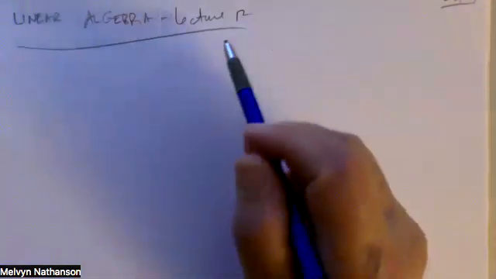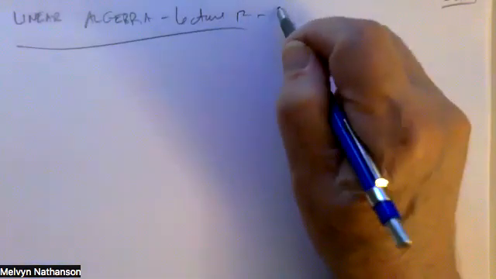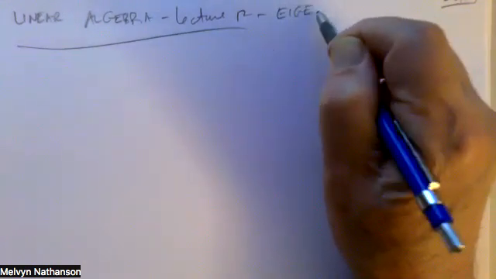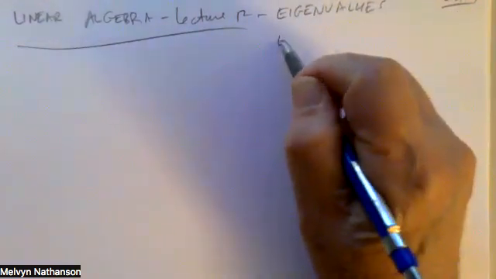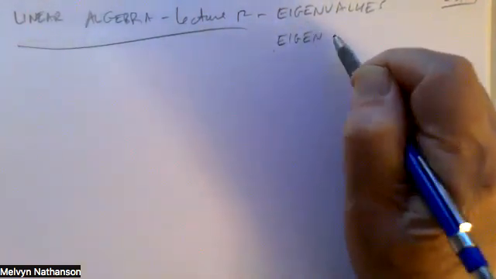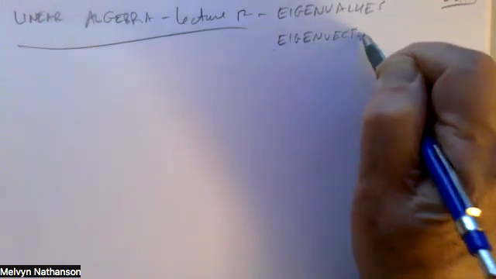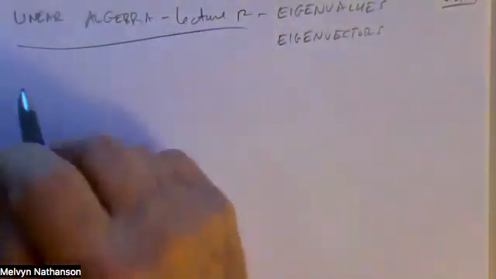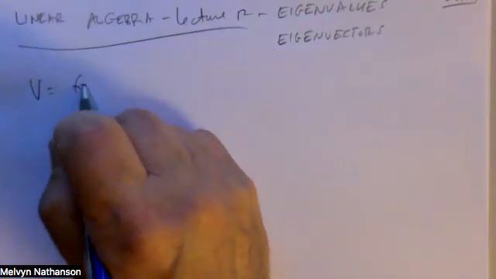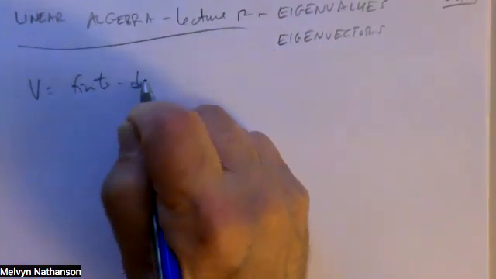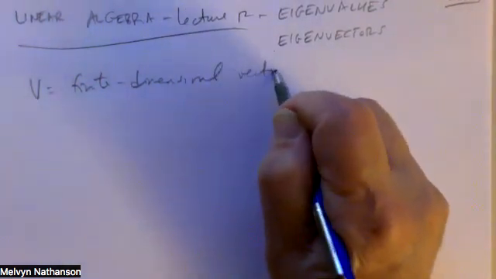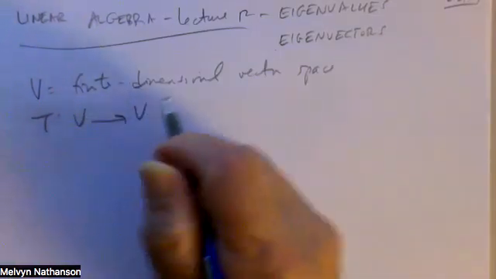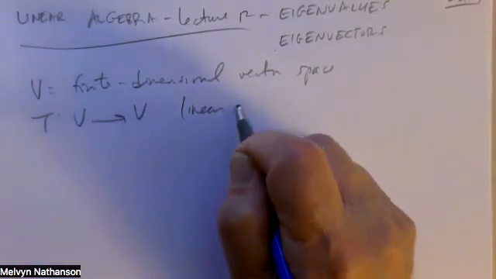So this is Linear Algebra Lecture 12, and we are studying eigenvalues and eigenvectors. So we have V is a finite dimensional vector space, and T from V to V is a linear operator.